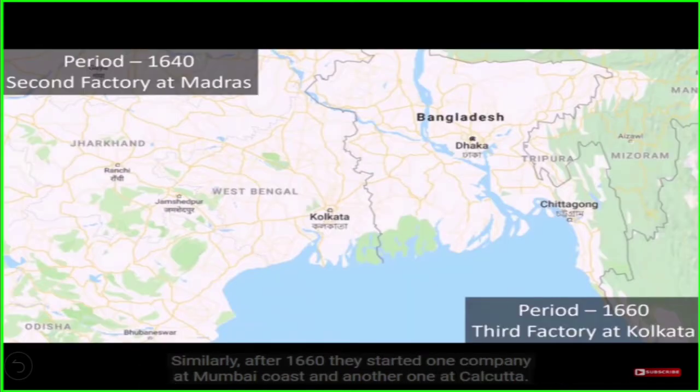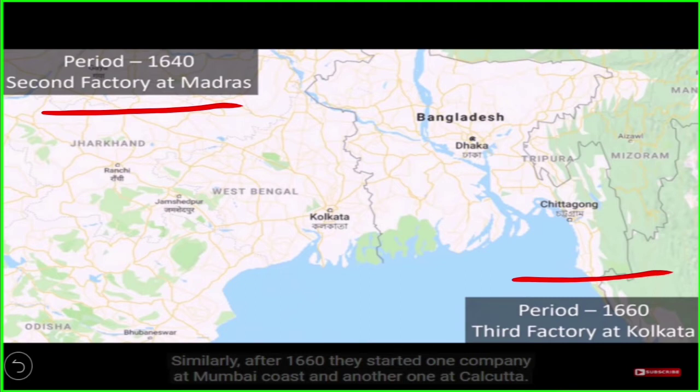And then slowly they started setting up more and more factories. And in the year 1640, the second factory was set up at Madras, and the third factory was set up in 1660 at Kolkata.